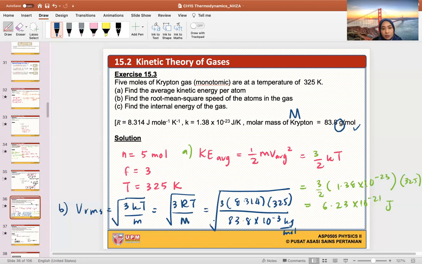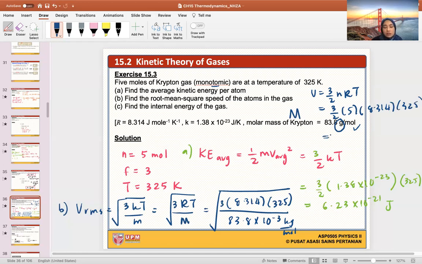And then the final question is C, find the internal energy of the gas. This is monatomic, so our U equation is 3 over 2 nRT. We know what n is and what T is, just plug it in. 3 over 2, 5, 8.314, 325.